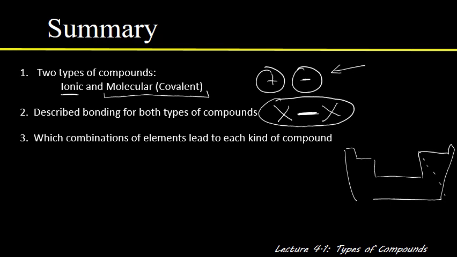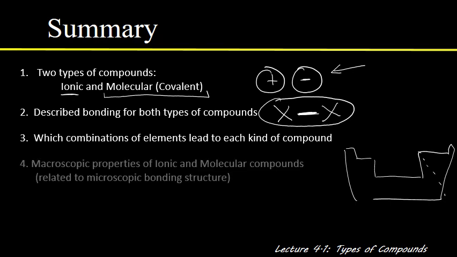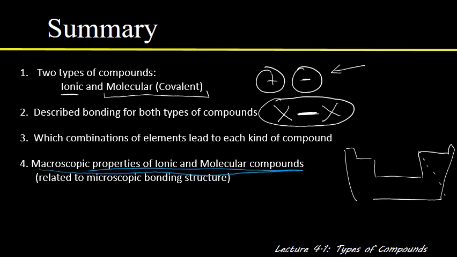So by looking at the formula of a compound or the elements that it contains, and then looking at the periodic table, you should be able to predict whether something is a molecular or ionic compound. Right? And then finally, if you know whether something is molecular or ionic, you should be able to predict some, not all of course, but some of the macroscopic properties of those substances based on whether they are ionic or covalent.